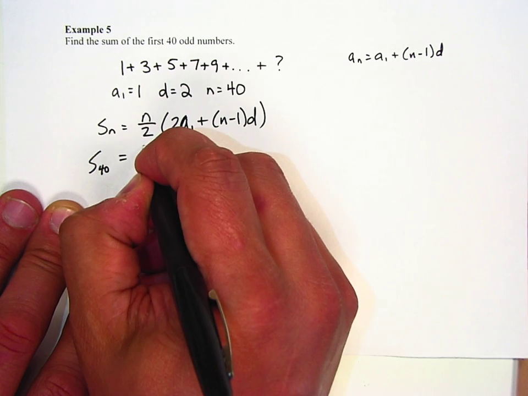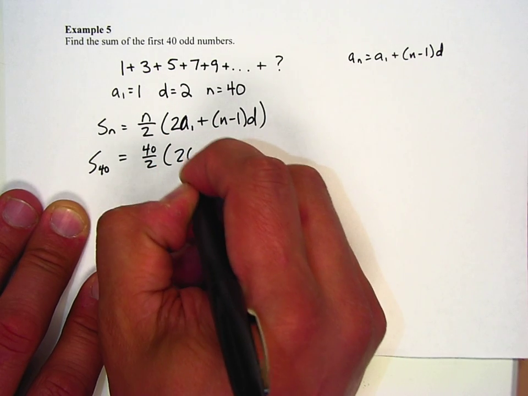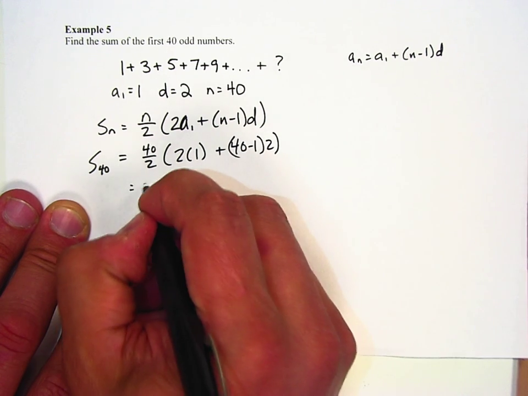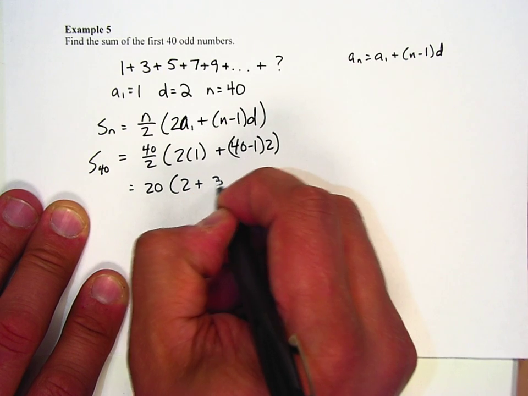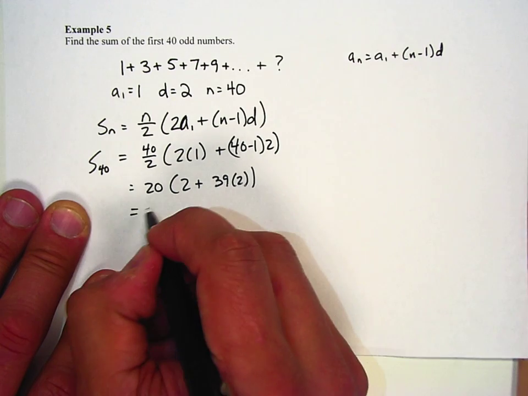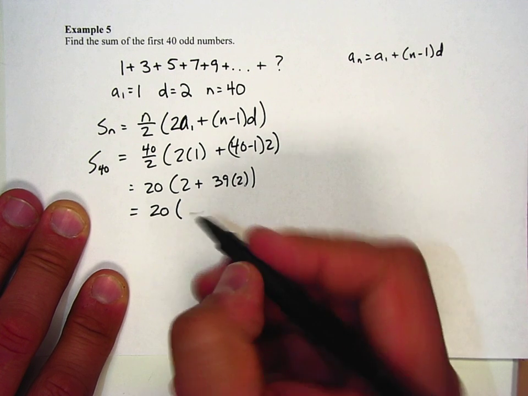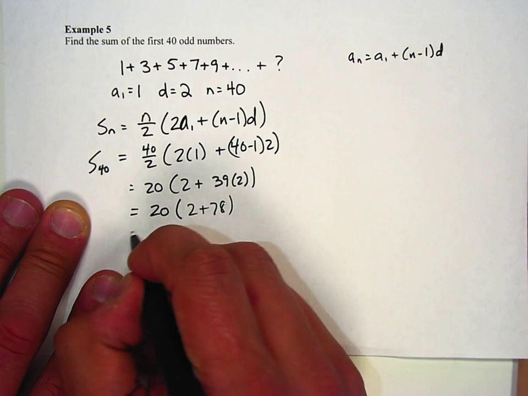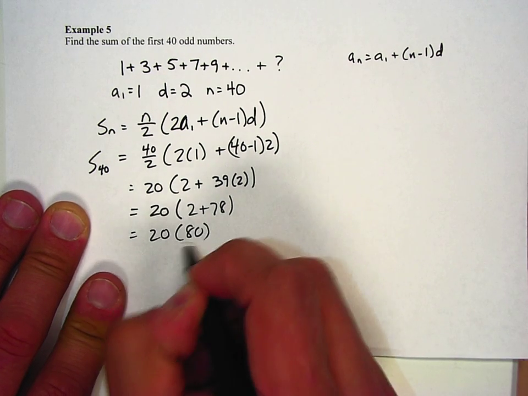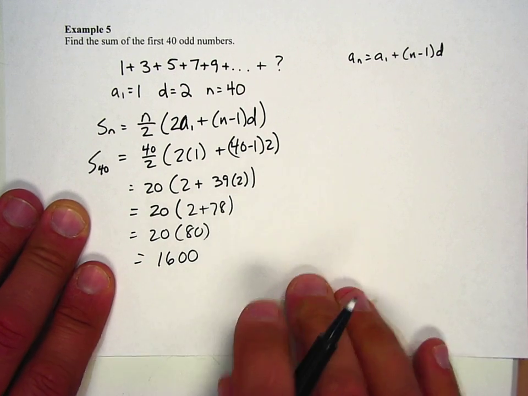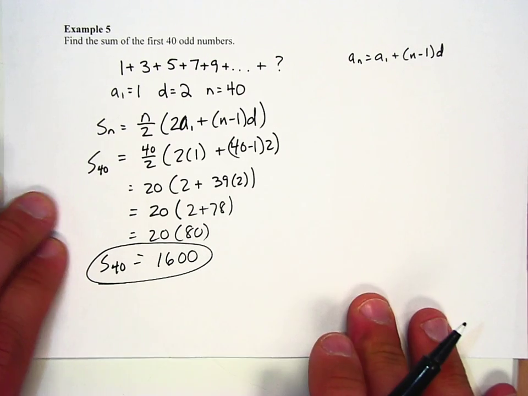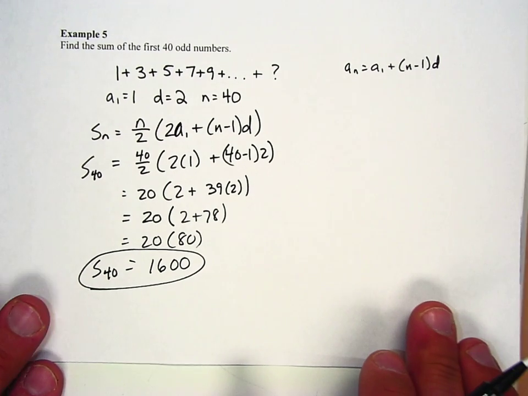S sub 40 equals 40 over 2 times 2 times 1 plus 40 minus 1 times 2. 2 plus 39 times 2, 2 plus 78, 20 times 80, 1600. And so the sum of the first 40 odd numbers, odd integers, positive numbers, is 1600. Pretty easy to do if you know the formula.